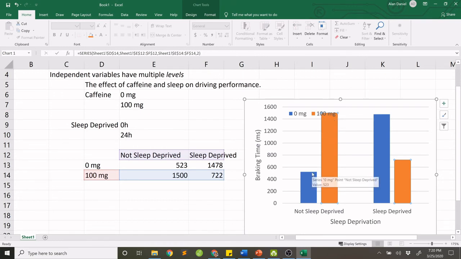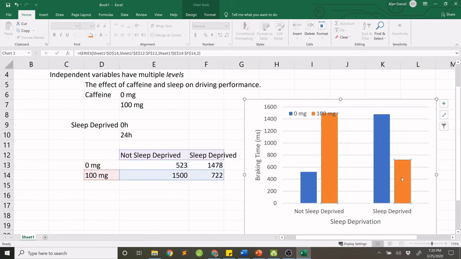So now without caffeine, we're performing well. With caffeine, we're performing poorly. I didn't change the other two bars, so now when you have no caffeine and you're sleep deprived, you perform poorly.